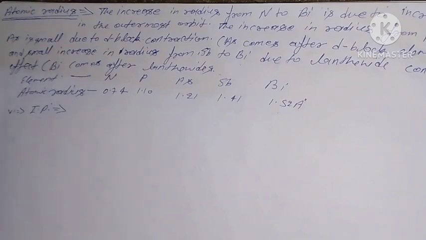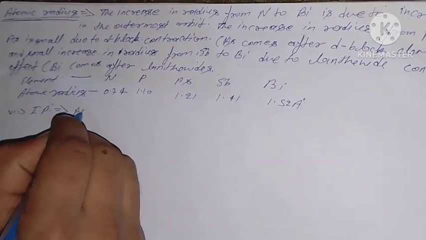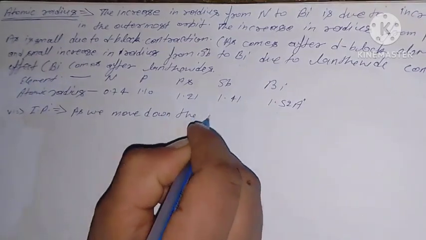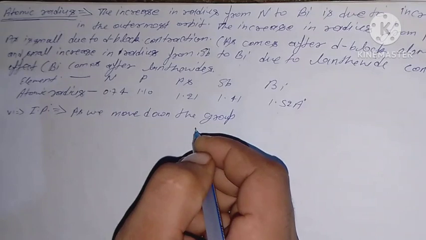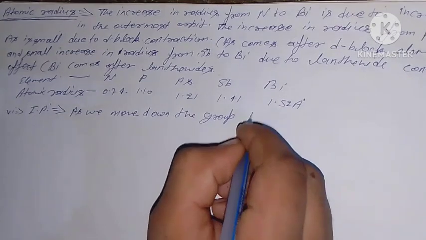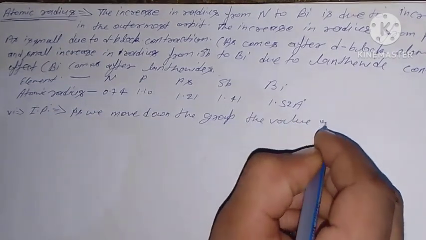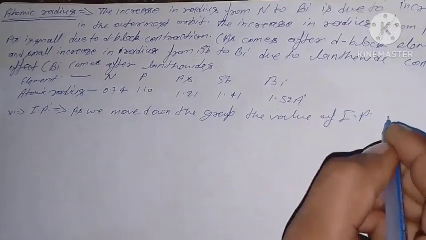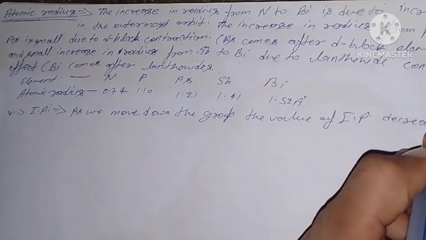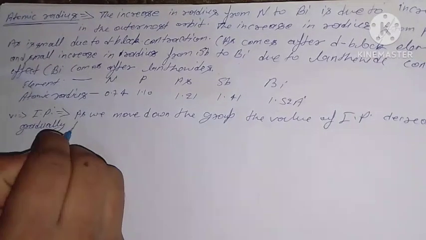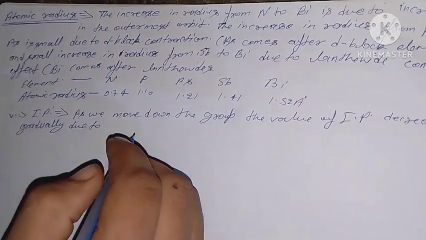Okay. Ionization potential. As we move down the group, the value of ionization potential decreases gradually due to increase in radius.